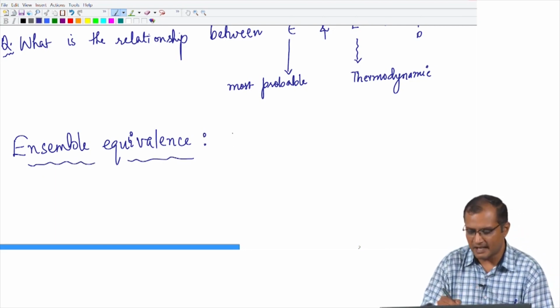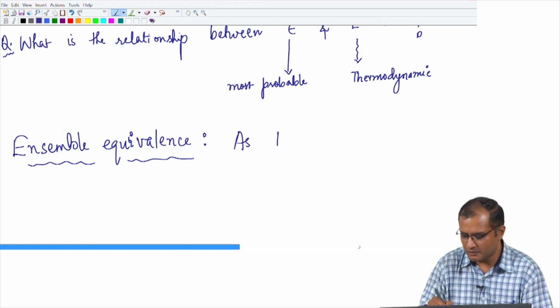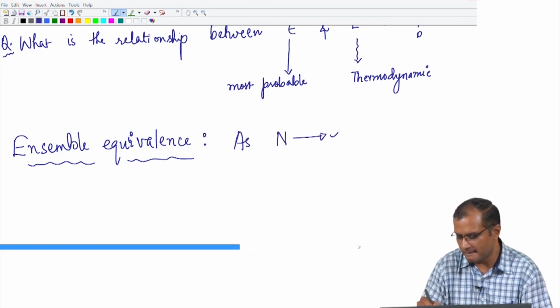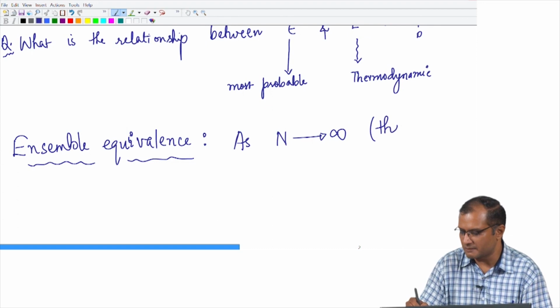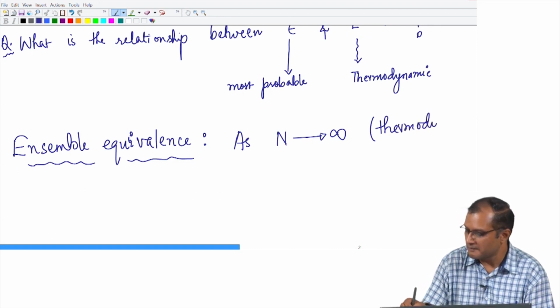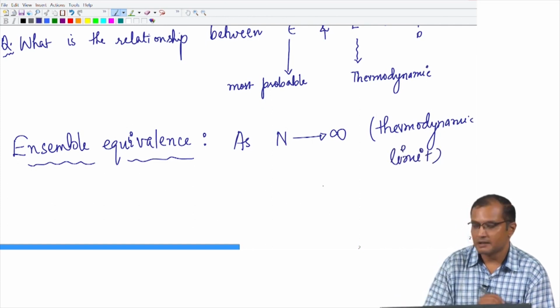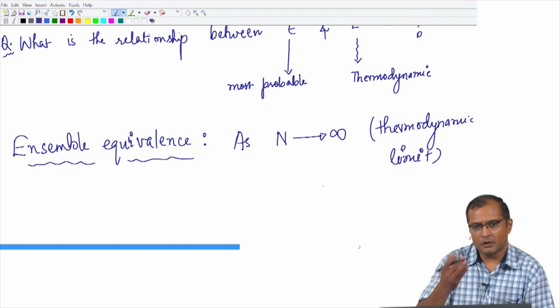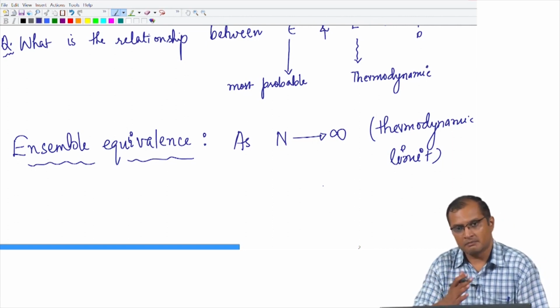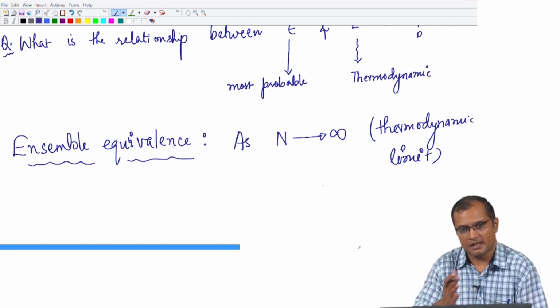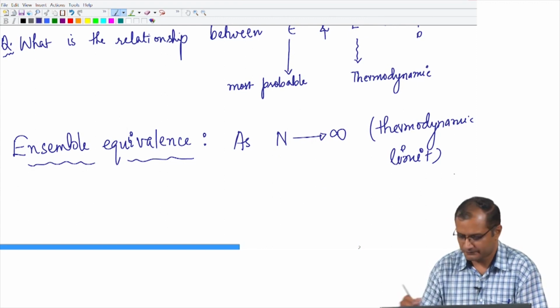Which simply says that as N goes to infinity, when you reach the thermodynamic limit, the canonical ensemble and microcanonical ensemble become the same or indistinguishable.